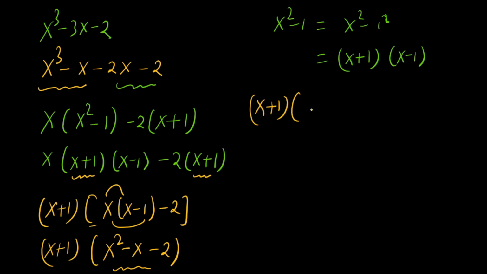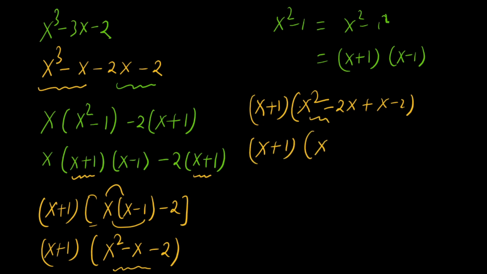Then we have (x + 1) times (x² − x − 2). This is a quadratic expression, and here we will apply middle term splitting. Then −x is the same as −2x plus x. Then x + 1 times x is common in these two terms, then x − 2, and here if we take common +1, because 1 is a factor of every number, so 1 times (x − 2).